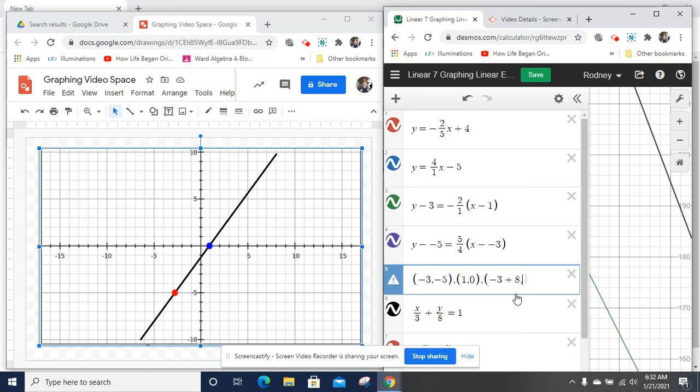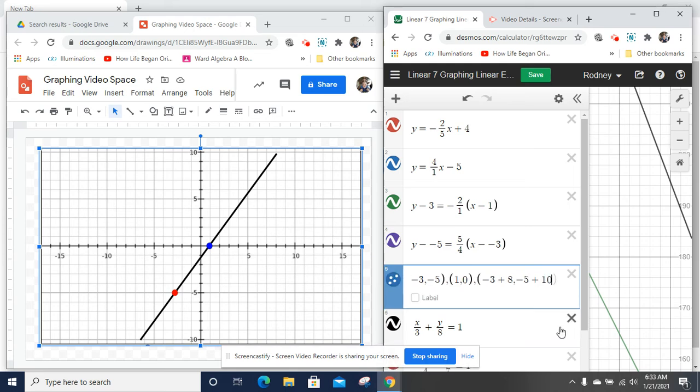That's the x component, because 10 over 8 would mean a vertical change of 10 and a horizontal change of 8. So I add 8 to the x, and then the y part is negative 5. I would add 10. So now I'm going to have a point where the y value is 5, because negative 5 plus 10 is 5. And the x value would be 5 as well.